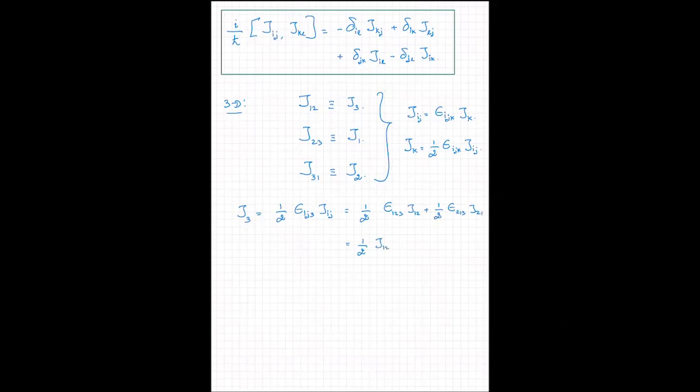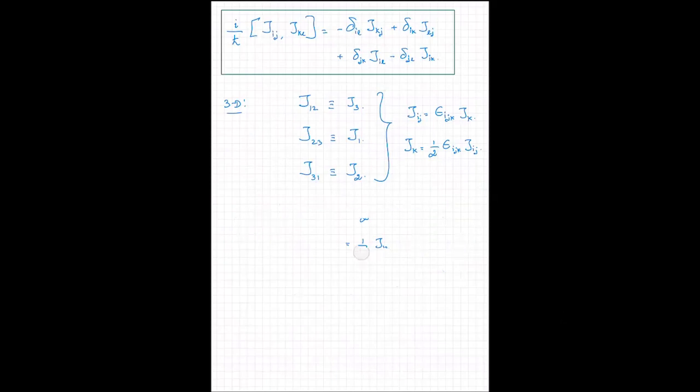Epsilon_213 can be written as minus epsilon_123, and J21 can be written as minus J12. So the two minuses cancel and you will have 1/2 J12. So this is just J12. Okay. Which is precisely this guy. So both these relations can be easily understood in that sense.